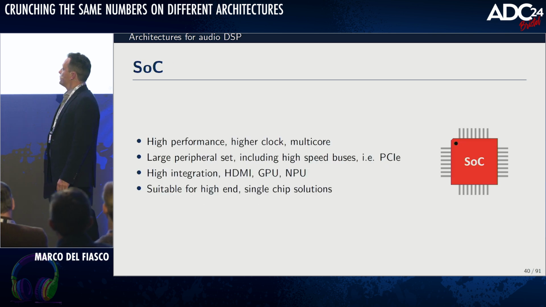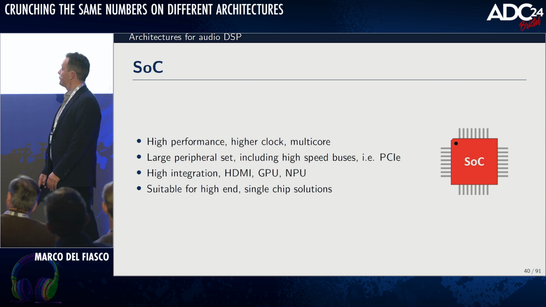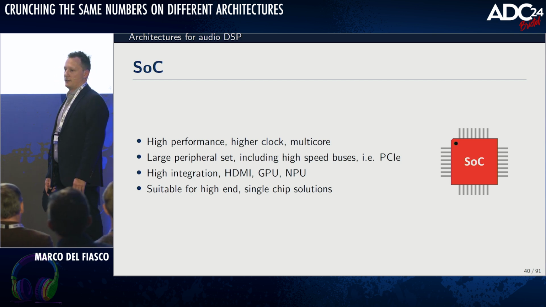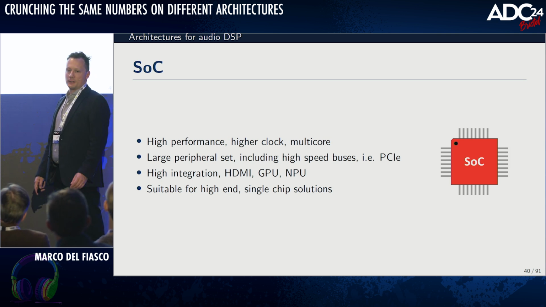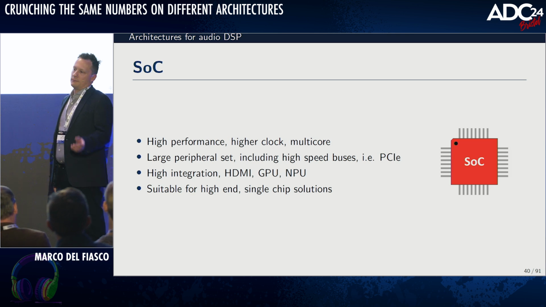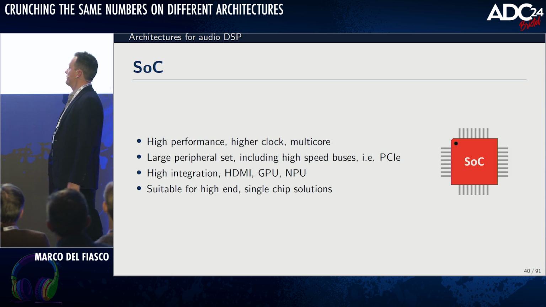What about system on chip? So the system on chip typically offers a higher performance, a higher clock, and they are multi-core parts. It has a large peripheral set. It can have high-speed buses like PCI Express, where you can optionally connect some FPGA, so very high-speed stuff.